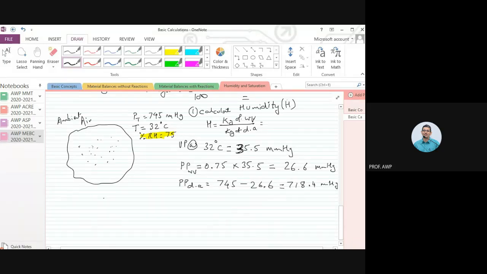So now moles of water vapor per mole of dry air would be 26.6 divided by total pressure 745 minus 26.6, that is 26.6 divided by 718.4. So now tell me, kgs of water vapor per kg of dry air, that would be this number multiplied by molecular weight of water divided by molecular weight of dry air. Right?